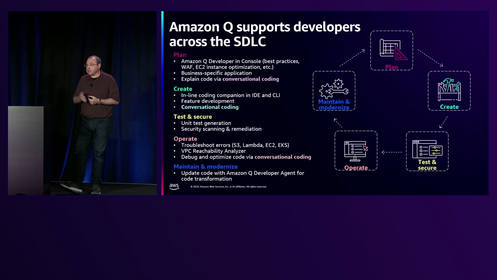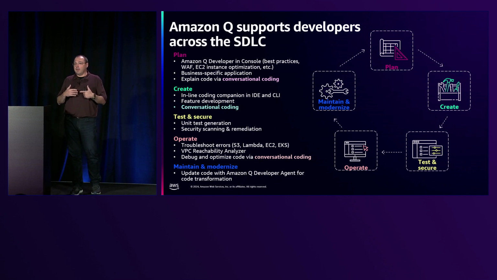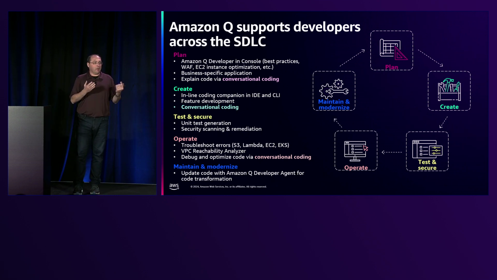We released in the last week or two some enhancements for Q Developer for billing, for instance. We've got the ability to ask about particular pieces of your infrastructure, and so you can start to now ask questions about, okay, how many EC2 instances are we using versus containers versus Lambda?